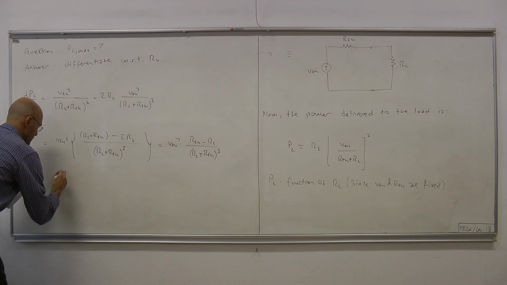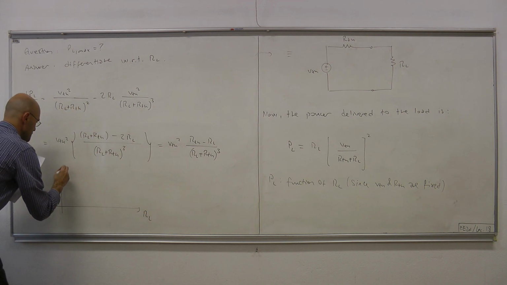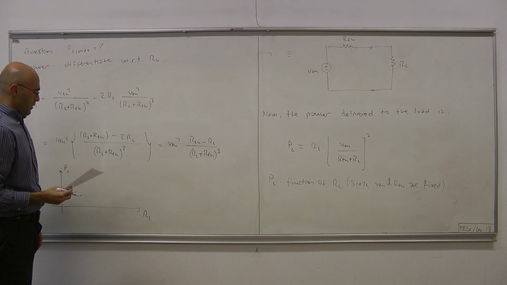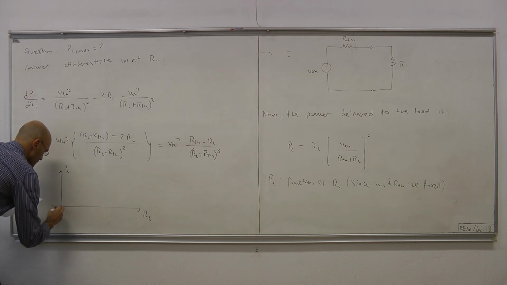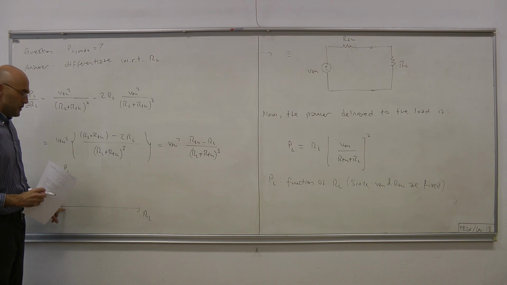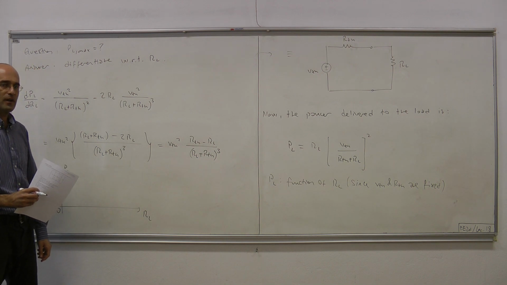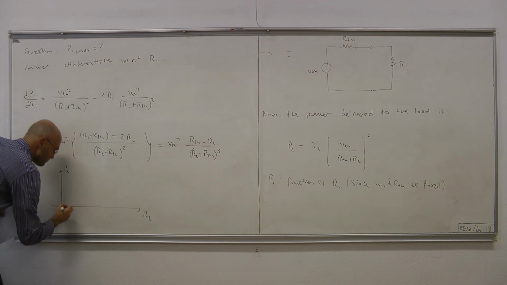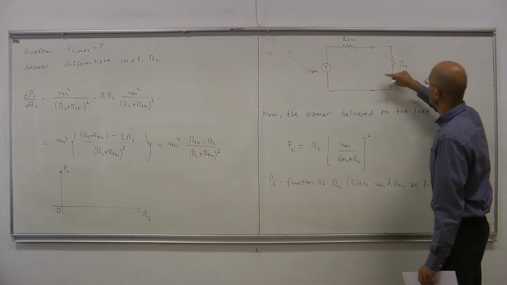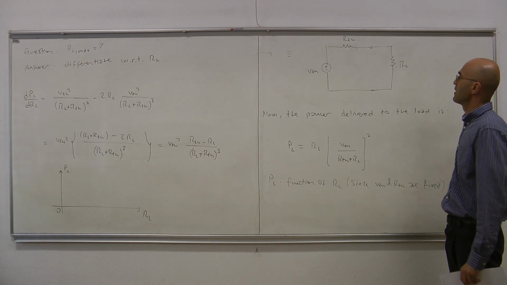So, RL versus PL. Now, this is the origin. We're interested in RL values from 0 to plus infinity. At 0, we said that this thing becomes a short circuit. So no matter what the current is, voltage is 0, therefore current times voltage, the power, is 0.